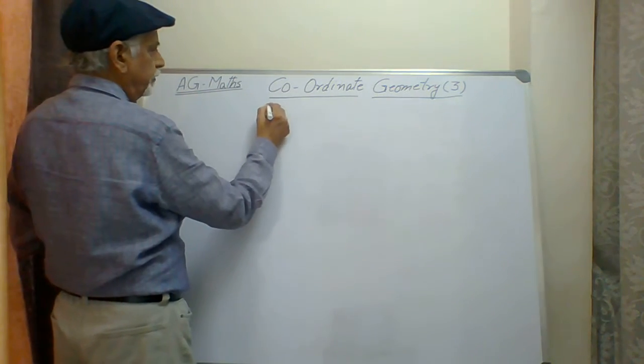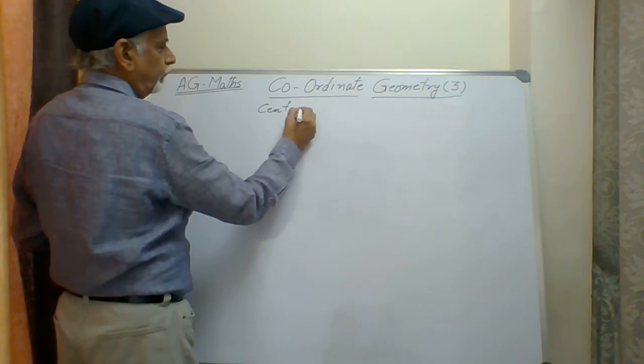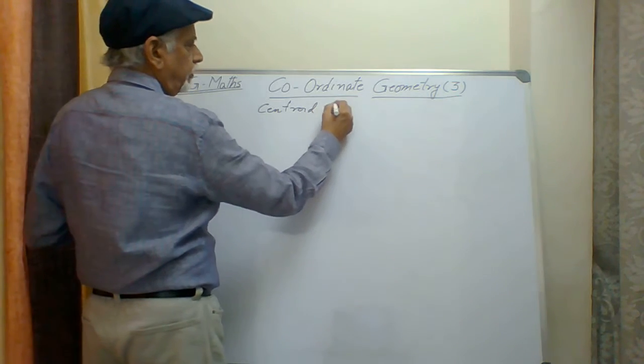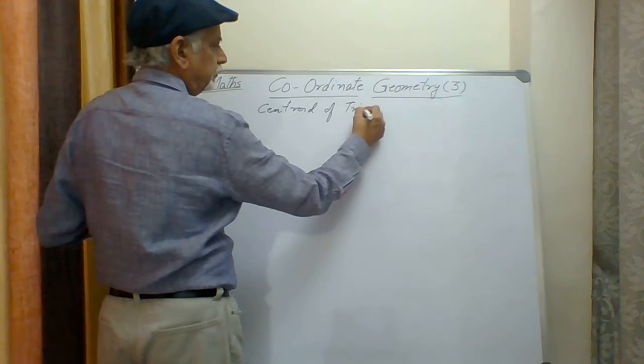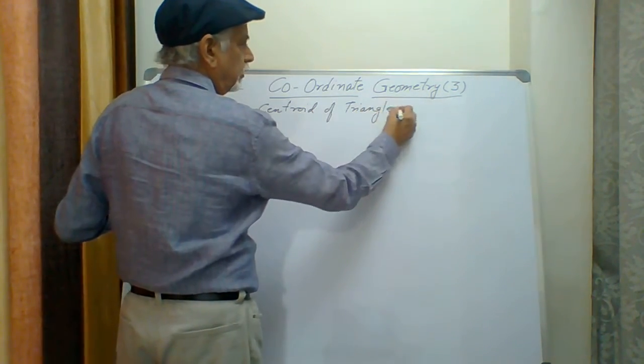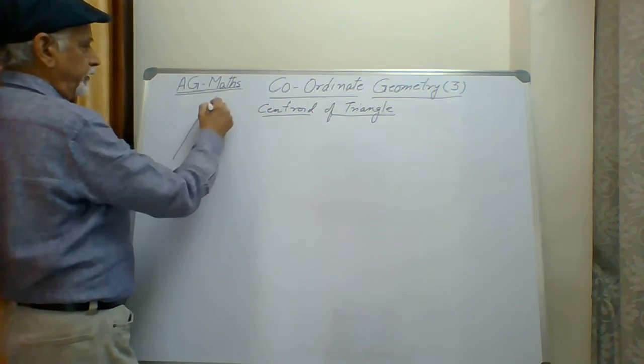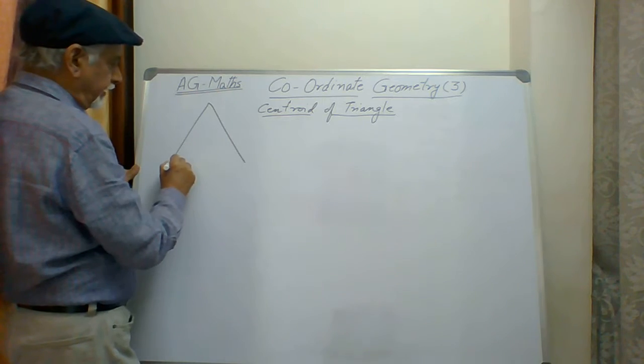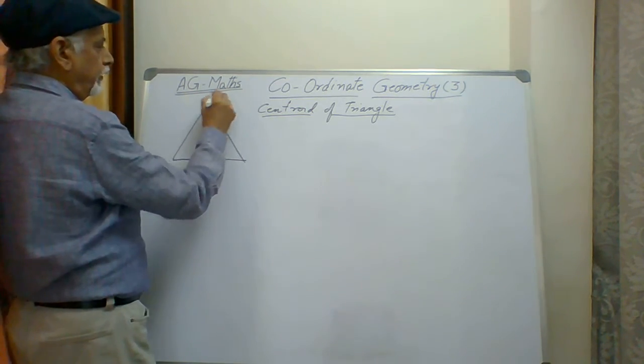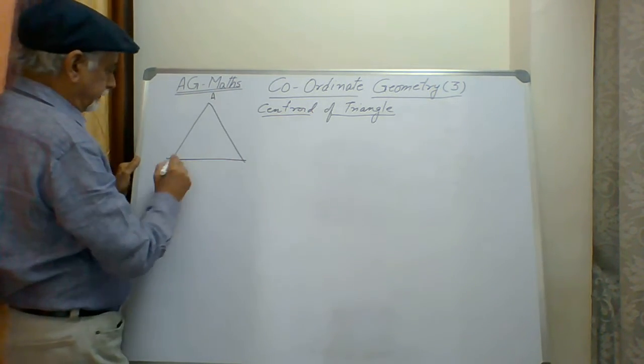Now what is the centroid? Centroid of a triangle is the point in the triangle where the medians intersect.